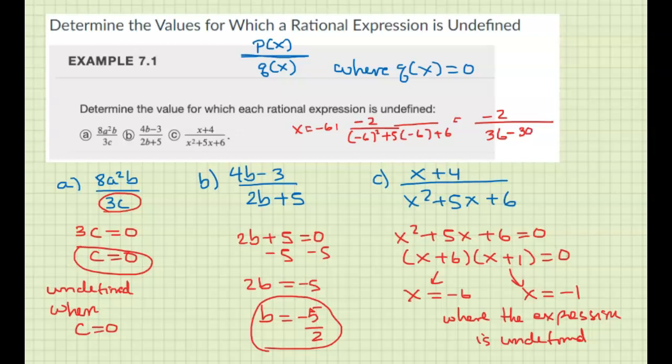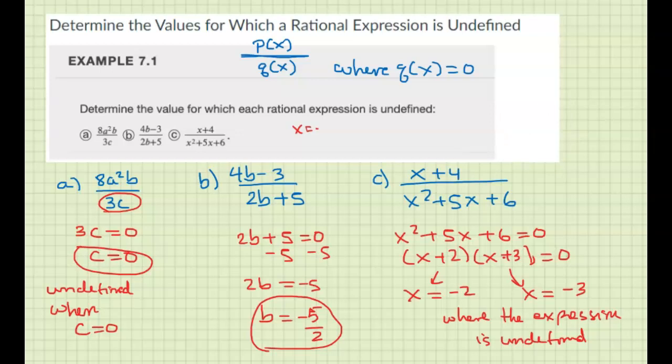Oh, I factored incorrectly. It's always good to check, isn't it? It factors as 2 and 3, plus 2 plus 3. That's good. Why is that not equal to 0? What's going on? So it's negative 2 and negative 3. That's better.